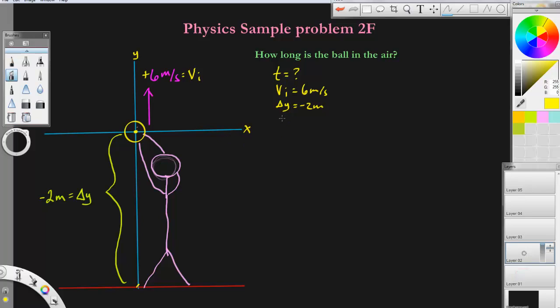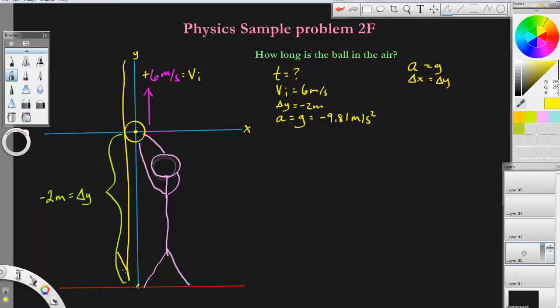And we also know that the acceleration, which is equal to gravity, is -9.81 meters per second squared. And that's a standard thing for gravity. So in all of your physics formulas that we've learned so far, you can replace a with g and delta x with delta y, because these are going to be falling down the y-axis.